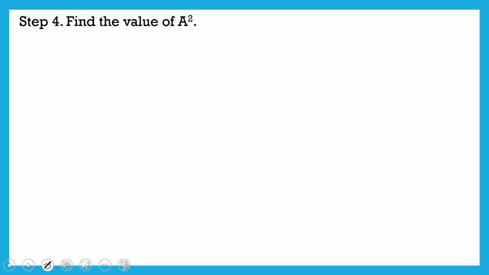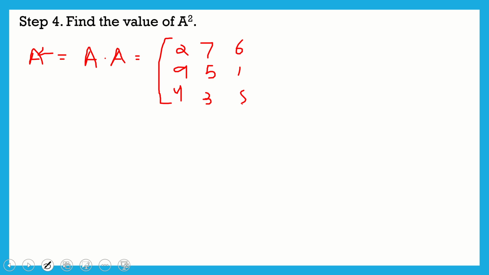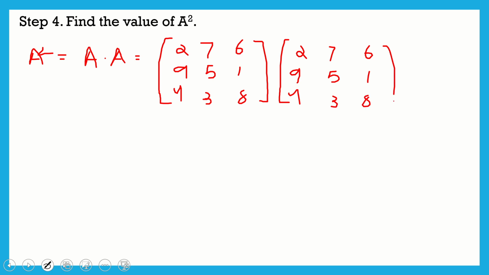Now we have to find the value of A square. So A square is what? A into A, with A being 2 7 6, 9 5 1, 4 3 8, times 2 7 6, 9 5 1, 4 3 8.